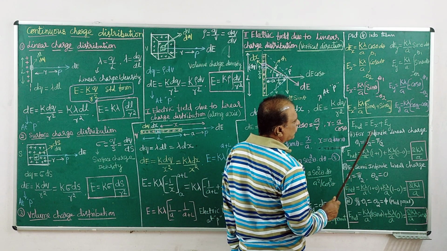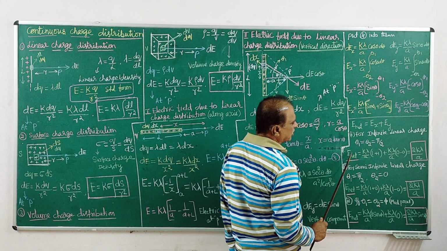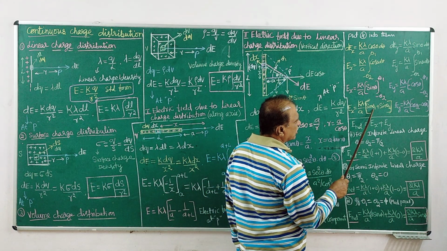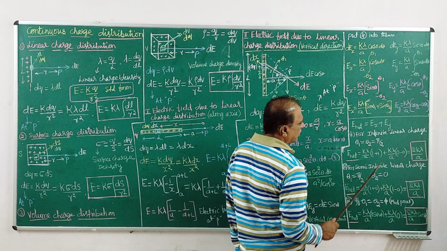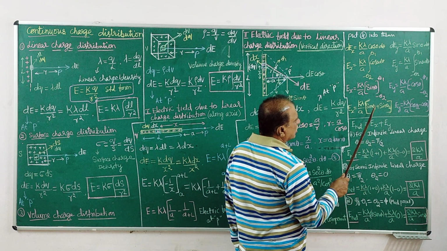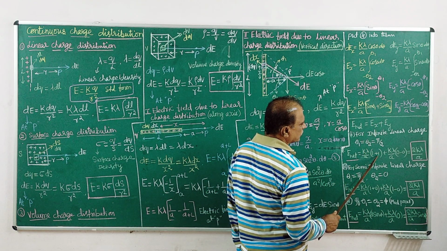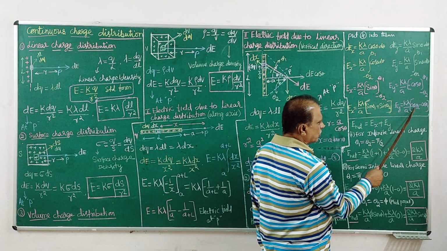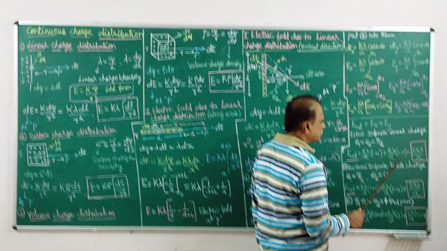If that is the case, what would be E net? E net, the electric field at the point, is equal to, substituting for theta 1 and theta 2, sin pi by 2 is 1, so 1 plus 1. Similarly, cos pi by 2 is 0, and cos pi by 2 is 0, so 0 minus 0 is 0.